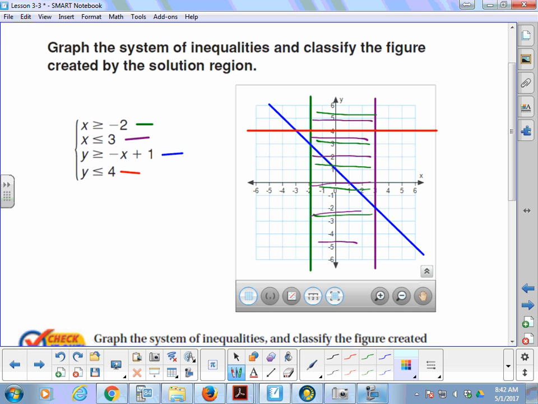It says greater than or equal to the blue, so that's going to be up here, and less than or equal to the red. So we have to find where all those colors are and put them together. We're talking about this area here.